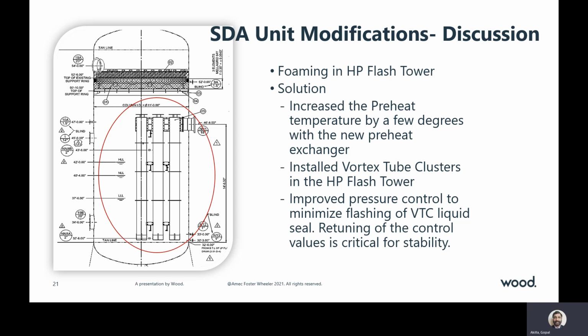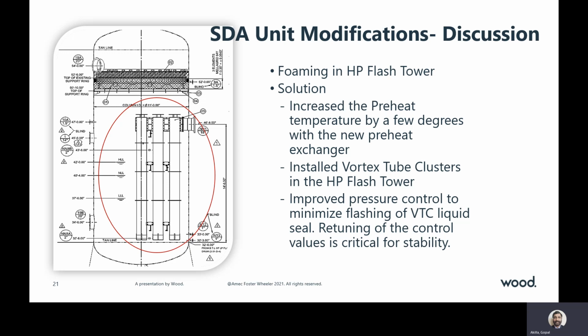Now what is the solution? Increase the preheat temperature by a few degrees in the new preheat exchanger, which is added in parallel to the existing one. Install vortex tube clusters in the HP flash tower. You can see the picture of the HP flash tower with the vortex tube clusters.